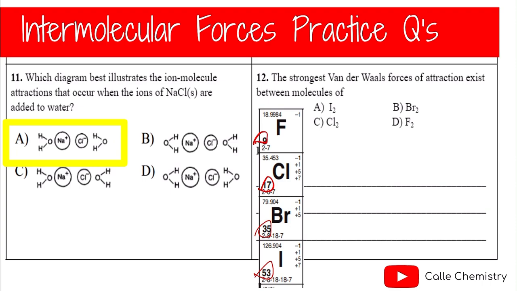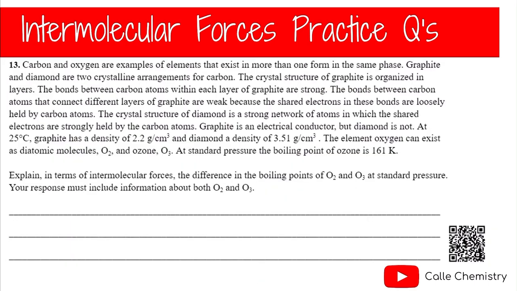The intermolecular forces between nonpolar molecules are dispersion forces. The one that has the greatest number of electrons has the greatest force. In this case, that would be iodine with 53 electrons.